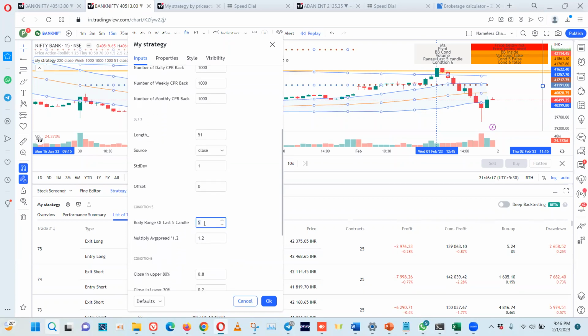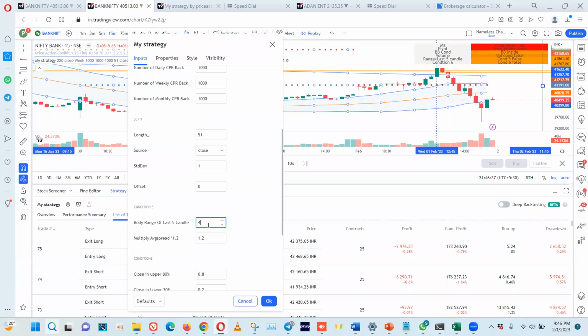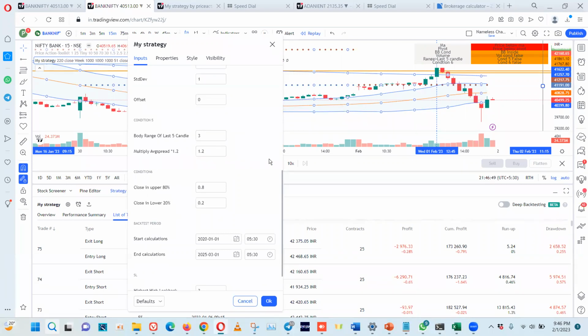Then I have this body of candle. If I make it 1, see the profit has decreased drastically. If I make it 2, the profit is increasing. Almost same. So you have to do the changes and find out what is best suitable parameter for the script which you are testing.